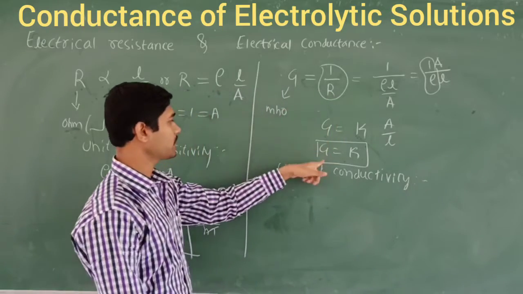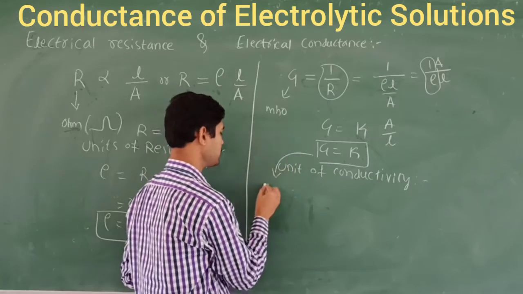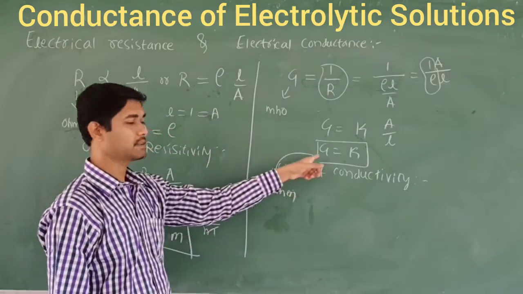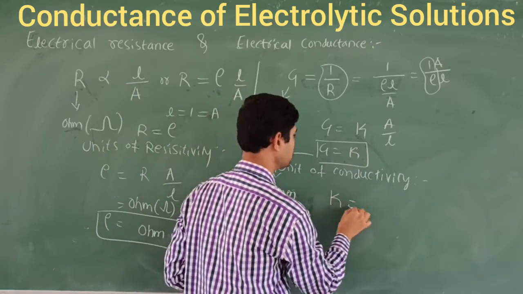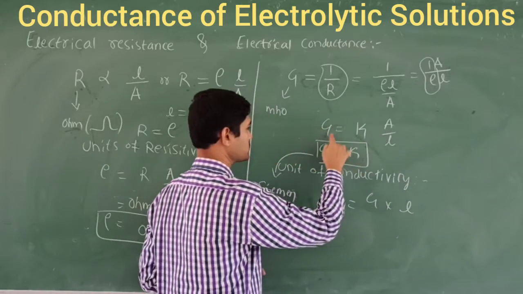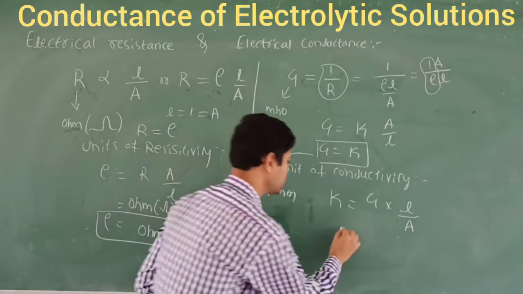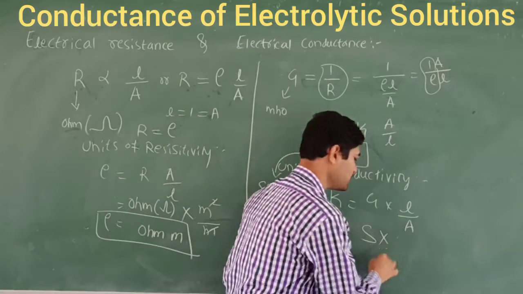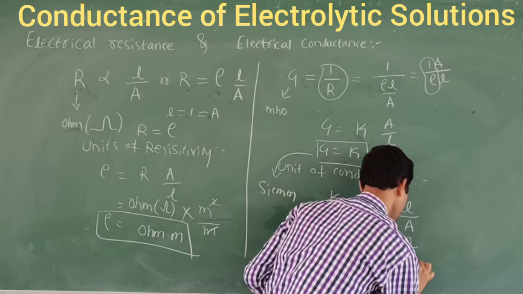This conductance has a unit called Siemens. Siemens is the unit of conductance. Now I am going to take K: K is equal to G into L divided by A, by cross multiplication. G means Siemens, we write it as S. Length is measured in meters, so its unit is m, and A is meter square.